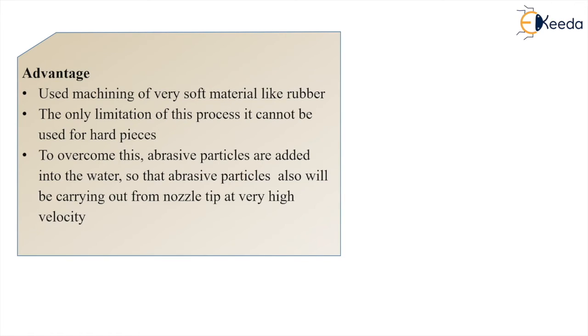We cannot use this water jet for hard workpiece material, but to overcome that limitation we added the abrasive particles, and when they move with the high velocity of the water, they also cause plastic deformation in the hard workpiece, and we are able to machine hard workpieces by using this process. So fracturing and chip formation takes place here.